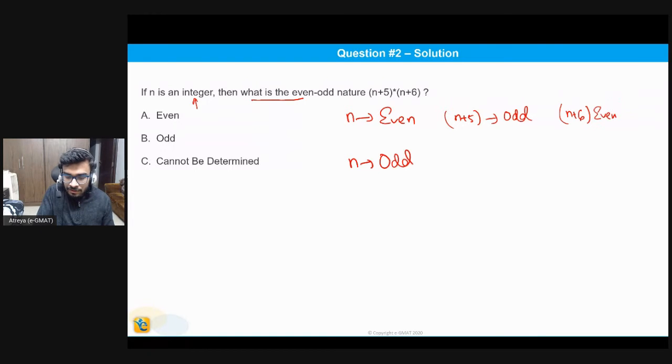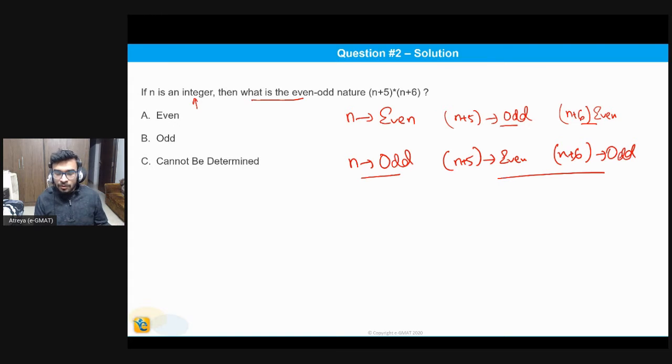So what you can see, if I do a product here, I'll get an even value. When n is odd, the value of n plus 5 would be even and the value of n plus 6 would be odd. Now, even if you multiply these two, we get the product to be even. So in both the cases, we end up getting the product to be even.